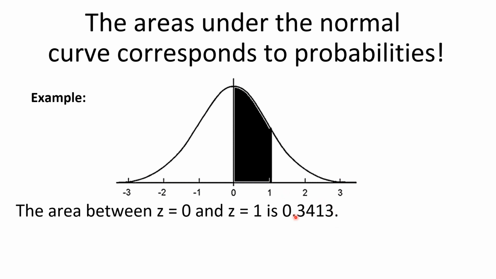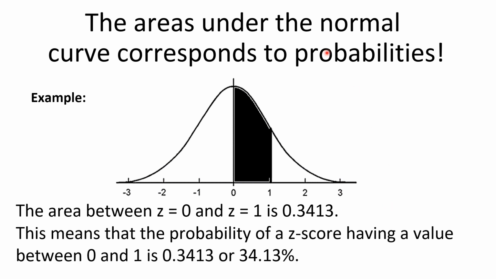Just simply move 2 decimal places to the right, 1, 2. So after moving 2 decimal places to the right, it becomes 34.13, and then you affix the percent sign. So how did I get 0.3413?